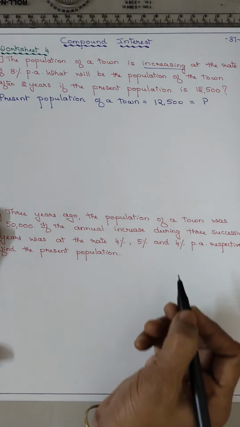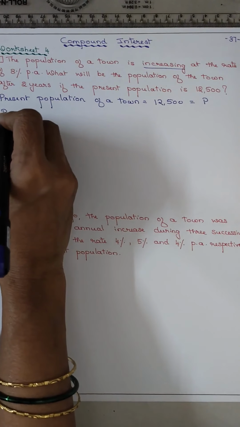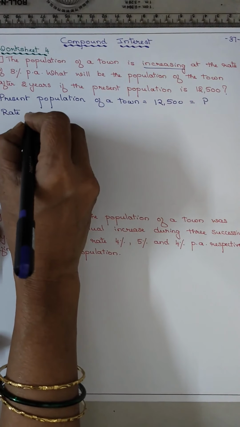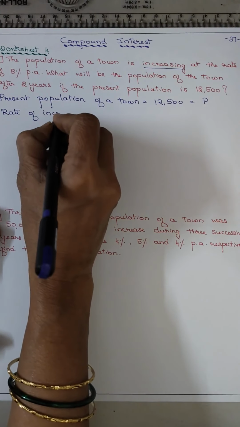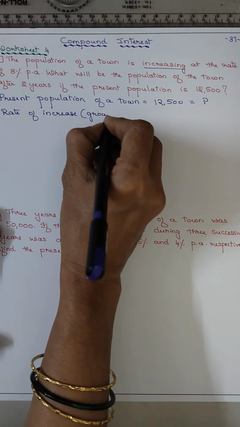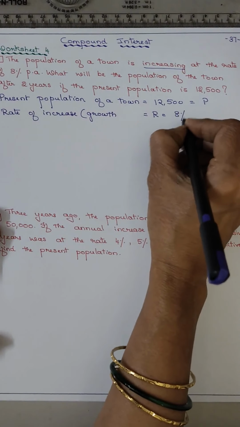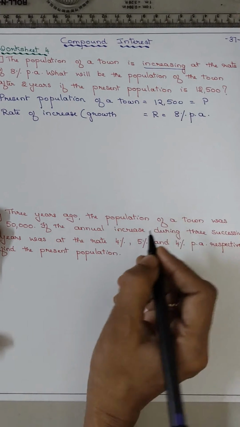Let it be P. Now rate of increase, that means growth, that is R is equal to 8% per annum.